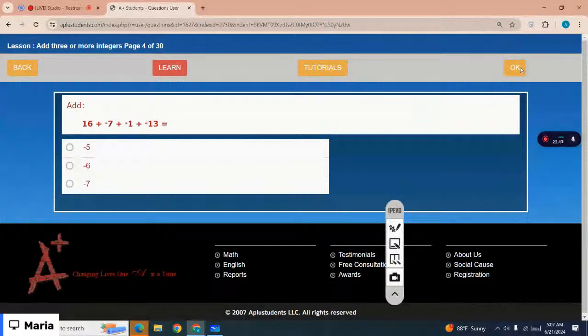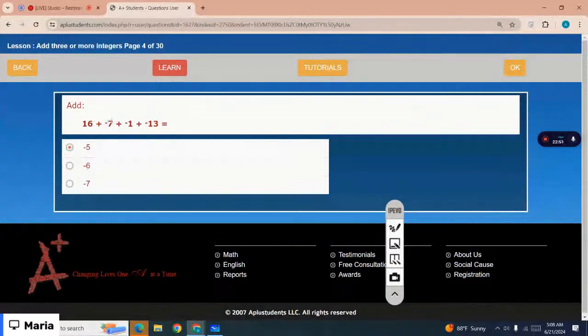Next, 16 plus negative 7 plus negative 1 plus negative 13. So which is the correct option? The correct option is option number 1, that is negative 5, right?